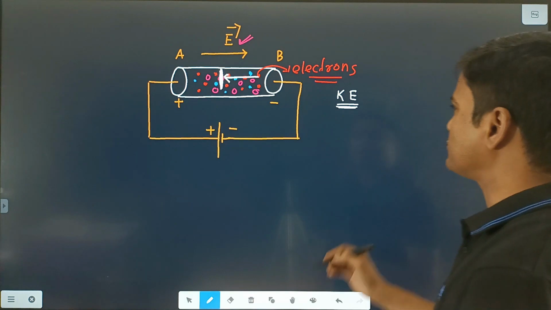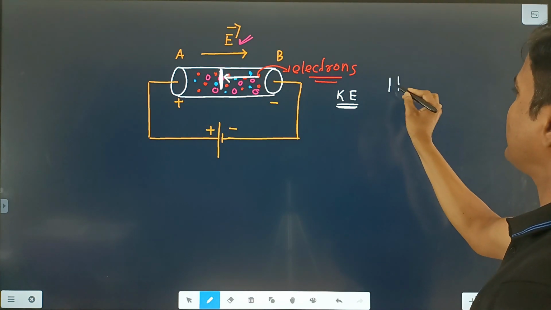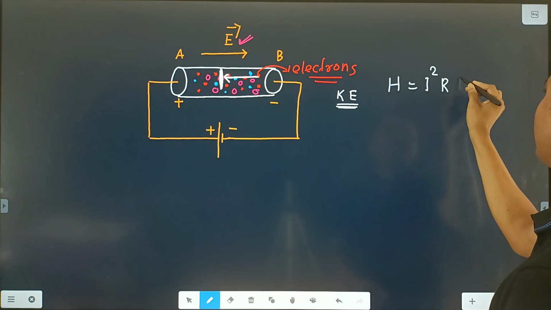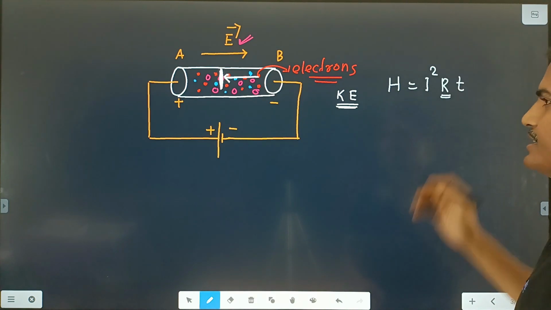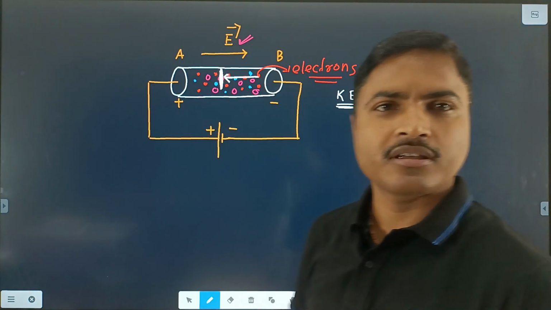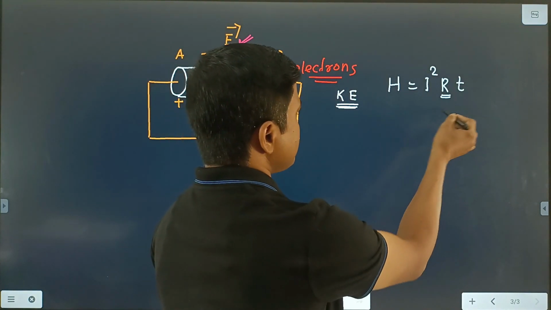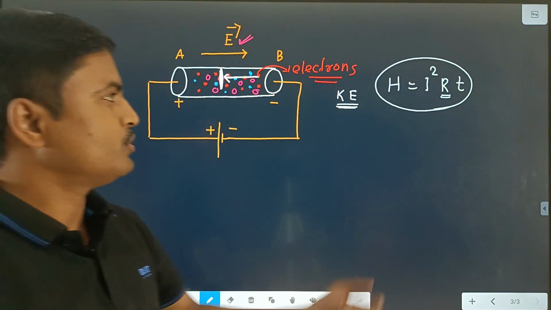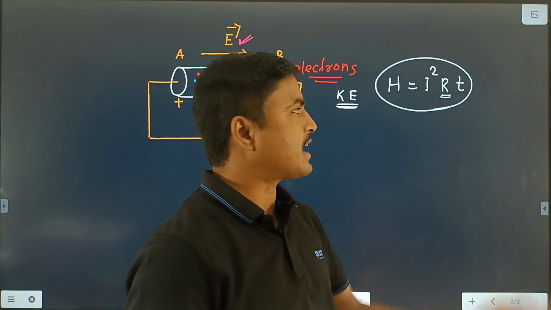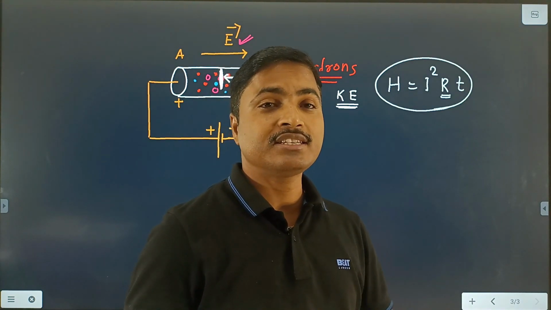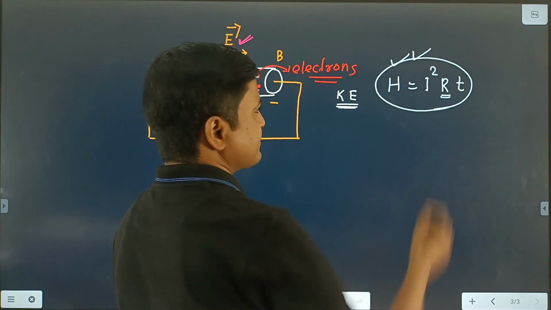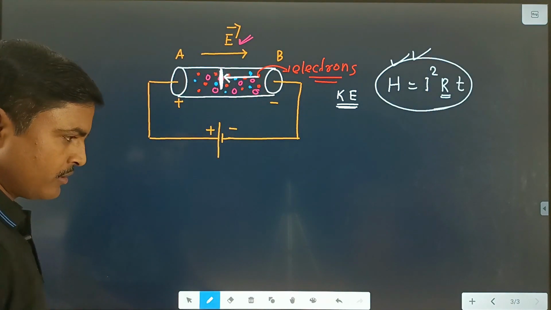And total heat produced is H equal to I square R T, where R is the resistance of this conductor. You know this expression. This is the heat produced in a conductor with resistance R and time T, and here we will use this expression.